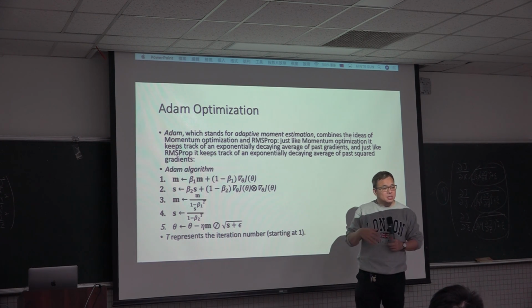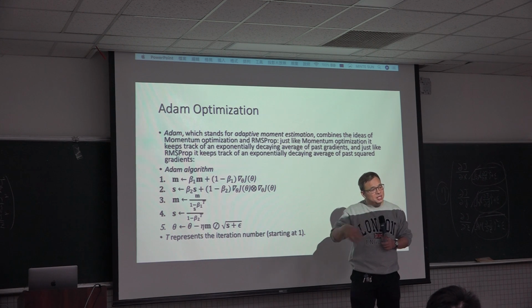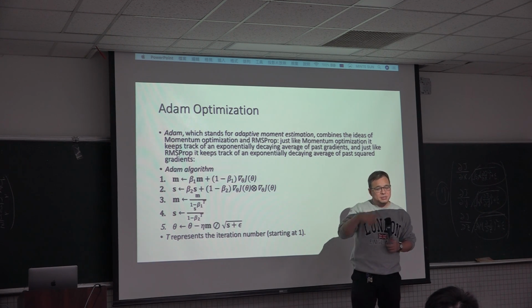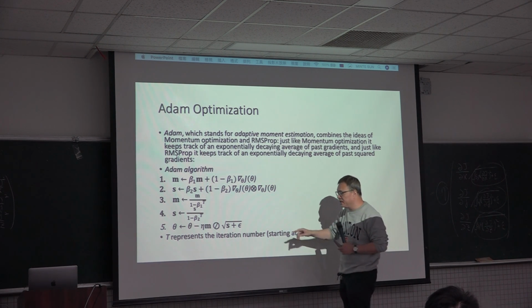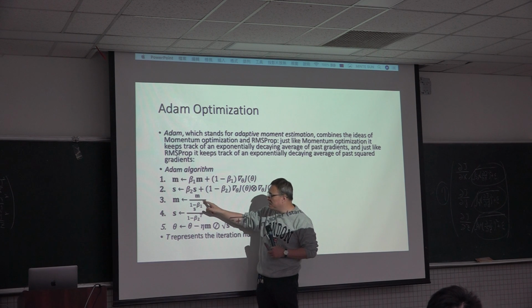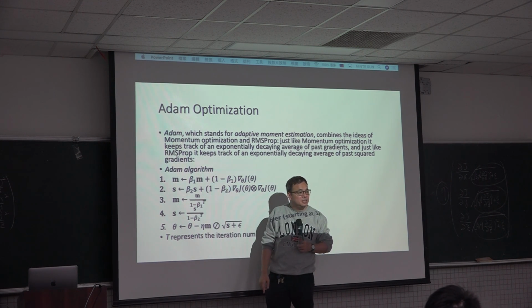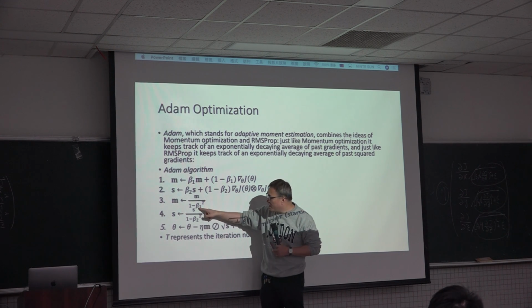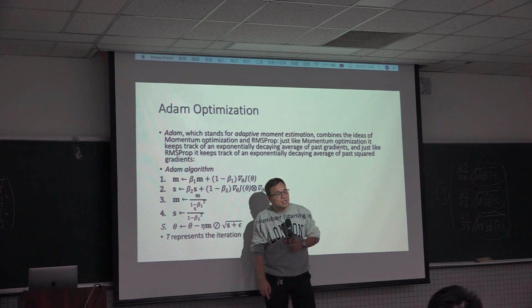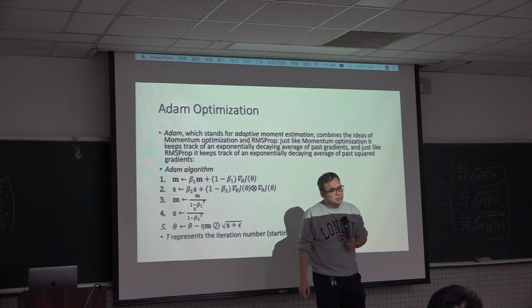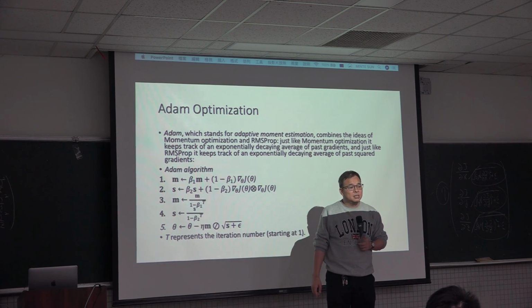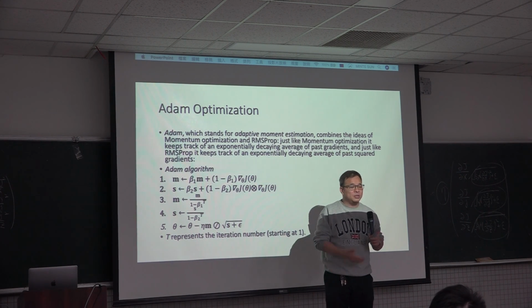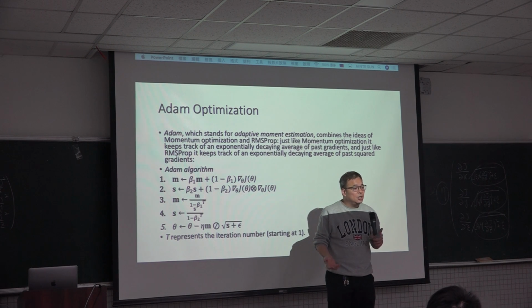After a period of time, the number of iterations becomes bigger and bigger. What happens? This t is going to increase, and beta 1 and beta 2 are both fractions, either 0.9 or 0.999.